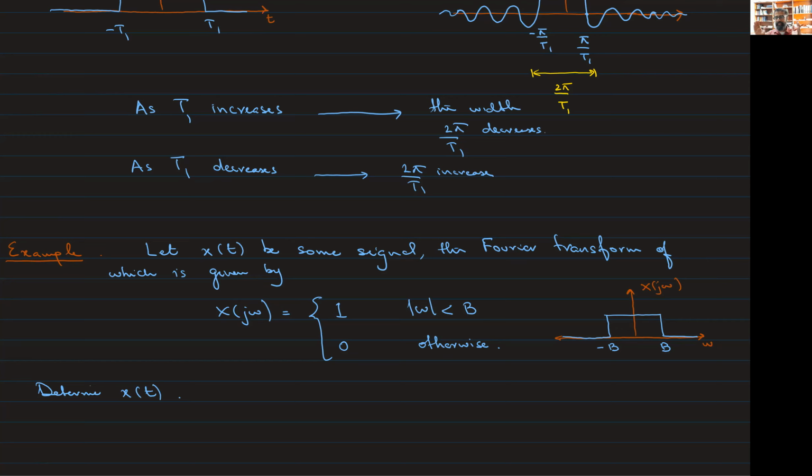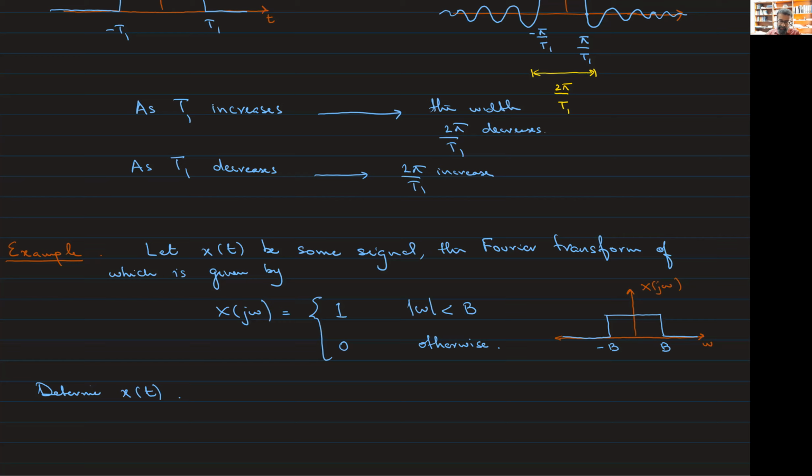And outside of this interval, the Fourier transform is 0. What that means is that the signal that we're about to find is made up of frequencies which are only between minus b radians per second and plus b radians per second. And outside of this, the frequencies are all zeros. Okay. So what is that signal?